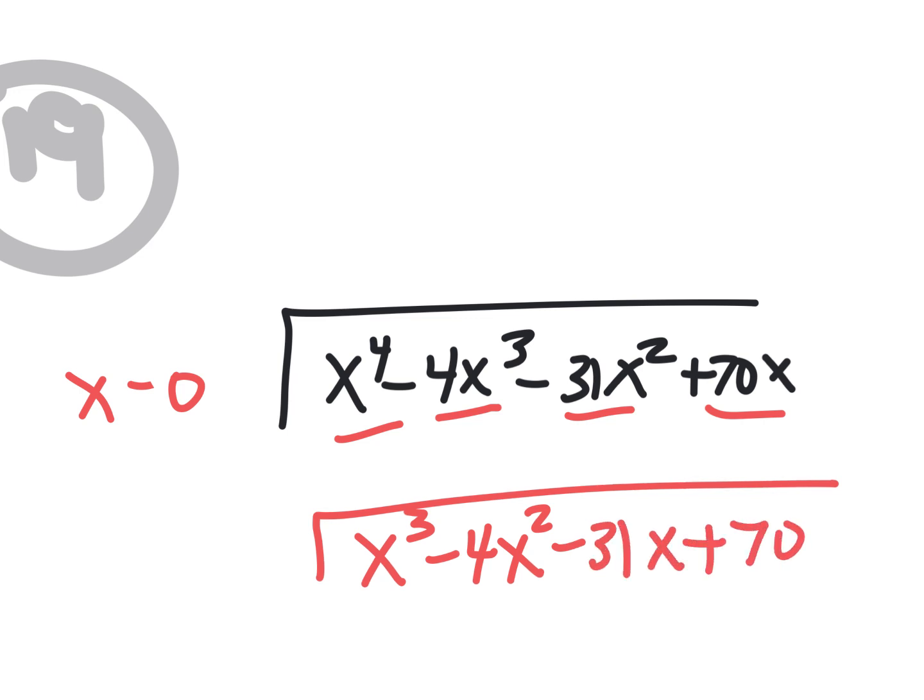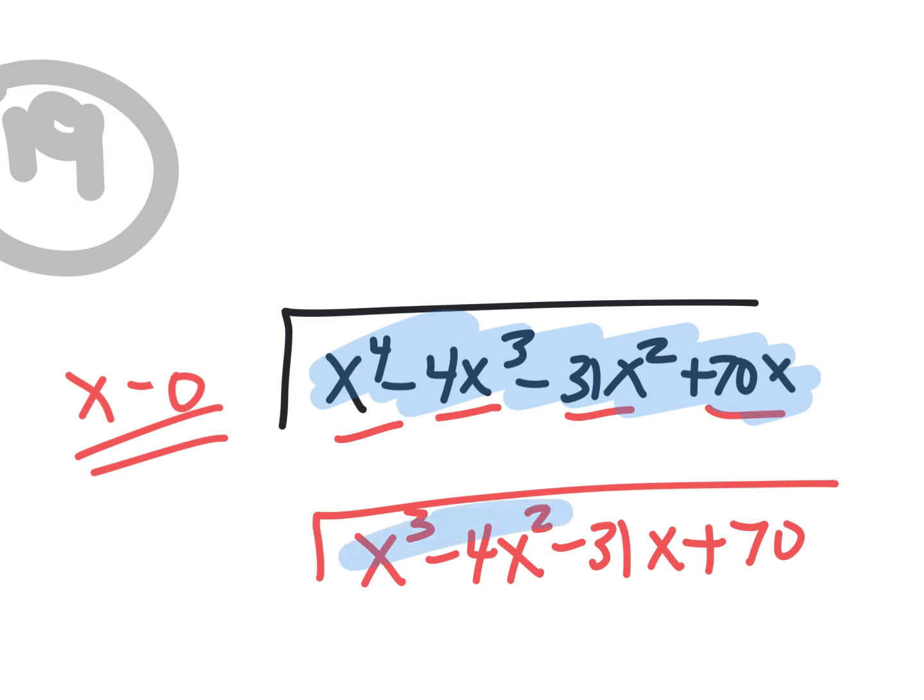Do you get when they said 0 was a root, then they were saying x minus 0 is a factor, which means x is a factor, and if x is a factor, that's just saying to factor this. Who would have thought in this class that factoring would be such a big deal? Once again, you had to factor.